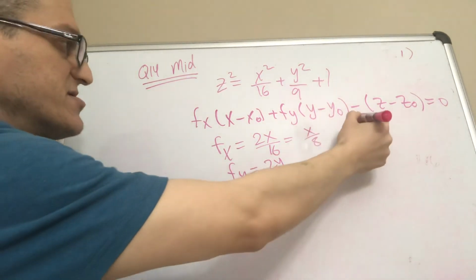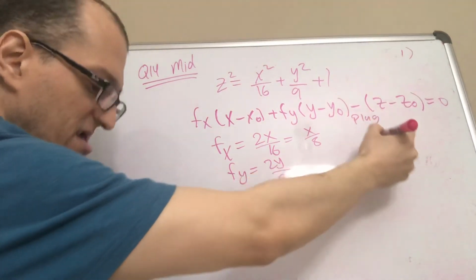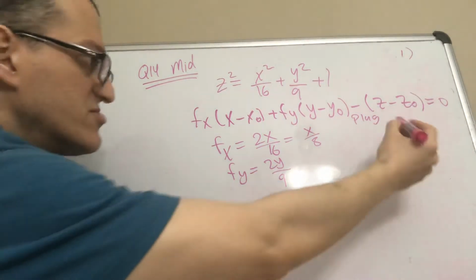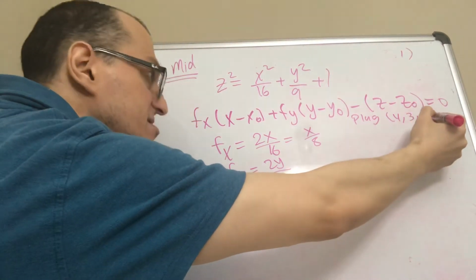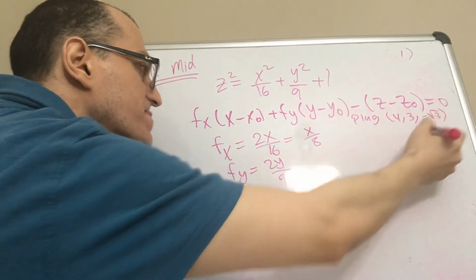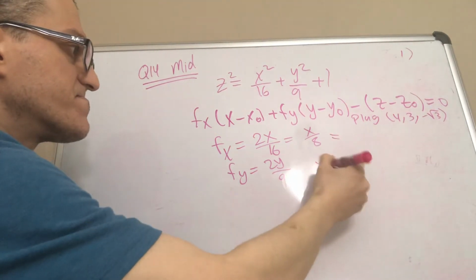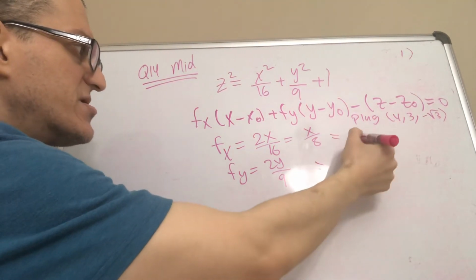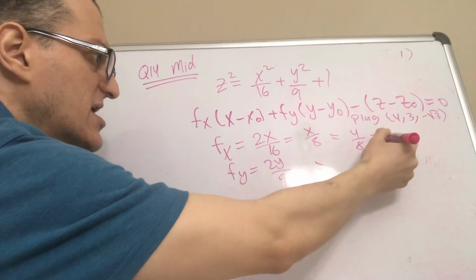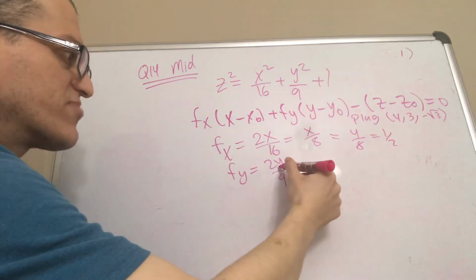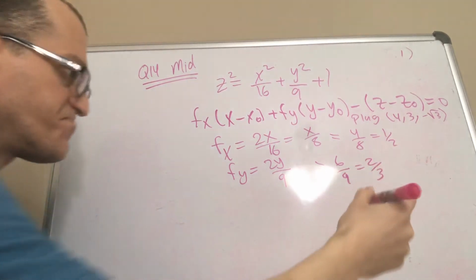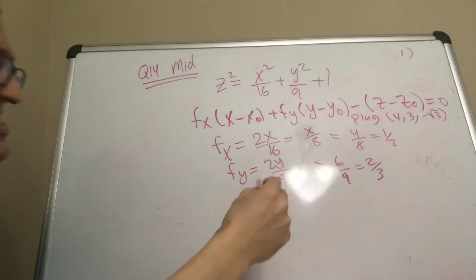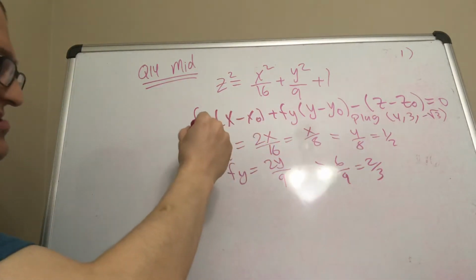You plug the point, and the point that you're plugging is 4, 3, negative root 3. You plug 4 here, it would be 4 over 8, half. You plug 3, it would be 6 over 9, 2/3. And this, you put everything in this.